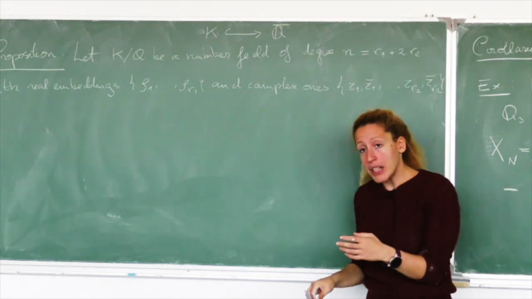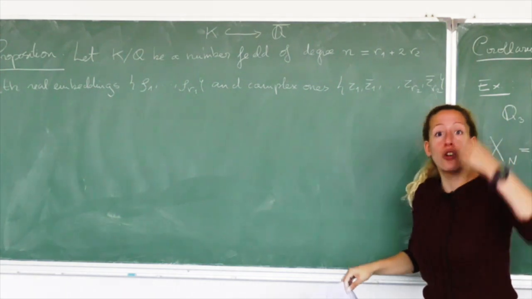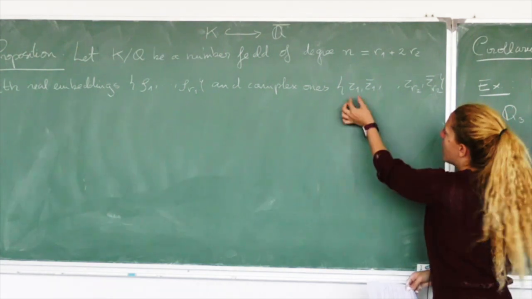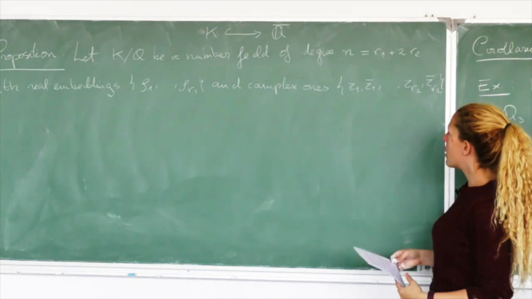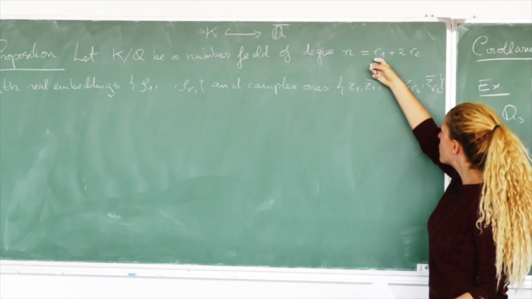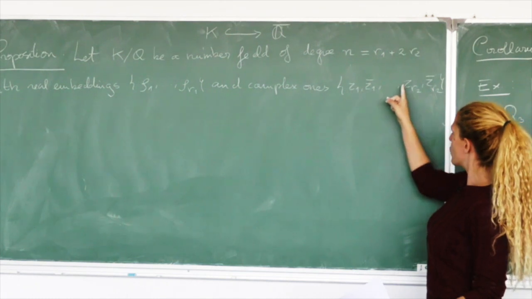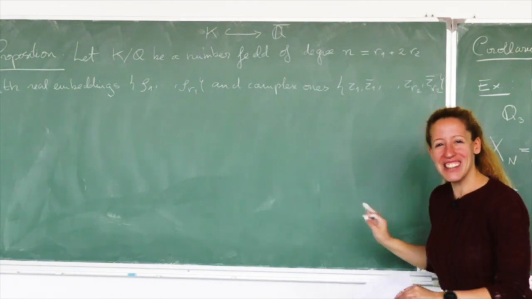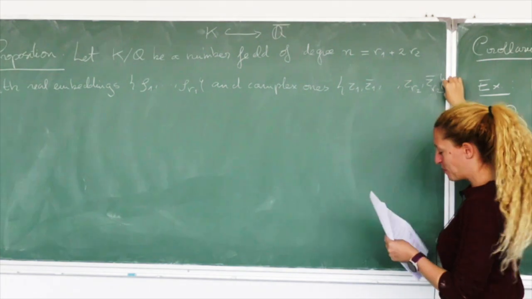In this case, given such an embedding, for instance tau 1, you always have the conjugated one, tau 1 bar. So you can pair up all the complex embeddings. The total number of embeddings is n, the real ones plus the complex ones, but the complex ones I can pair up, and this is why we get 2 here. So this is only notation. This is still not what the proposition is saying, but just to check that we agree with the notation.